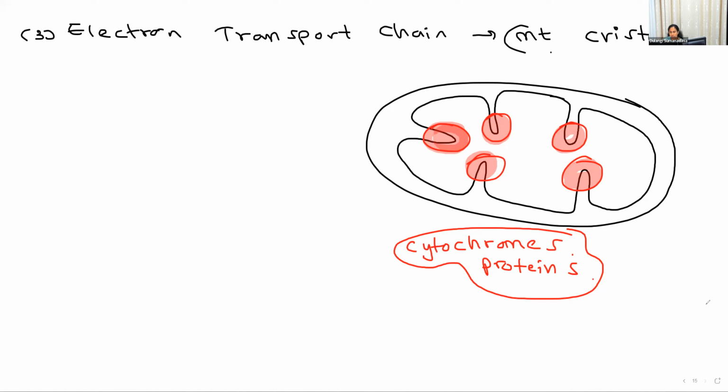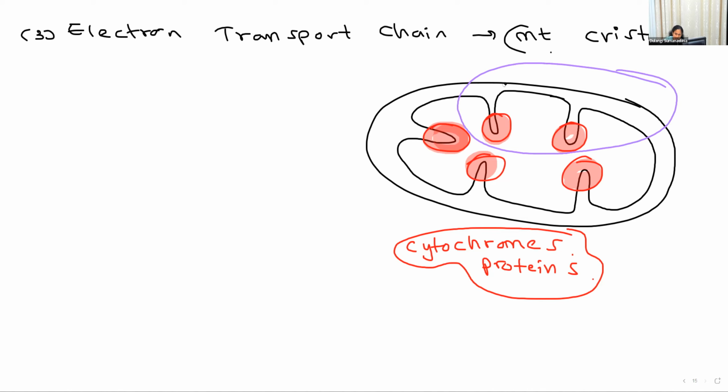No need. But this is a very, very complex process. So let's enlarge this part of the cristae. So I'm going to draw the outer membrane, inner membrane with the cristae, plus some of the cytochromes. So cytochromes are proteins inside the mitochondria.